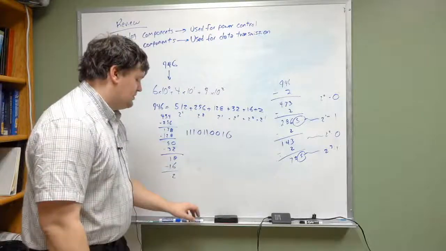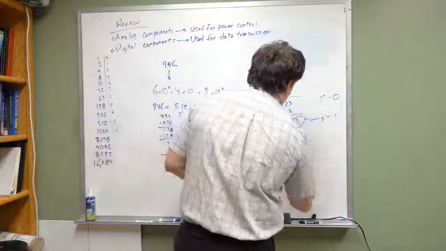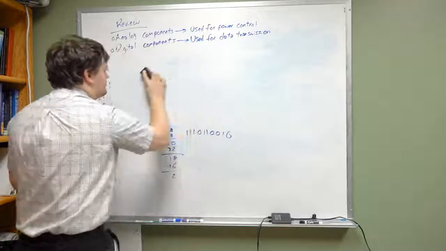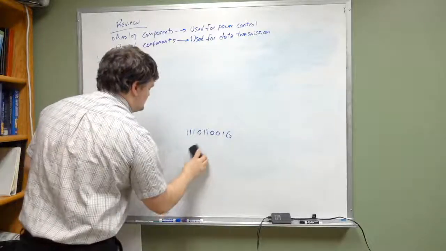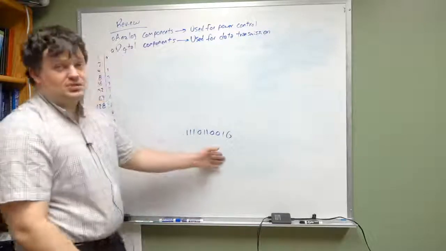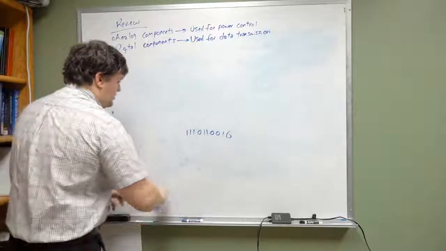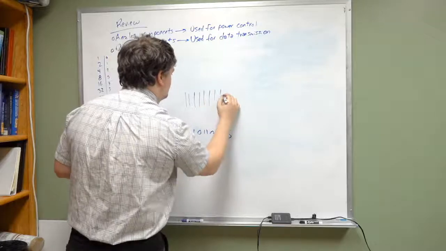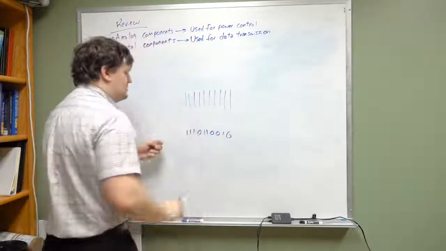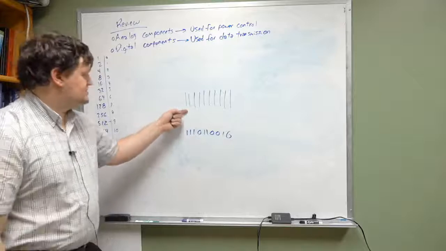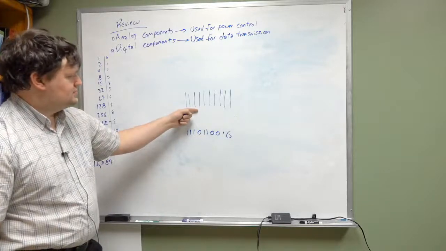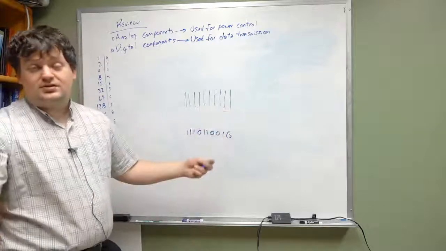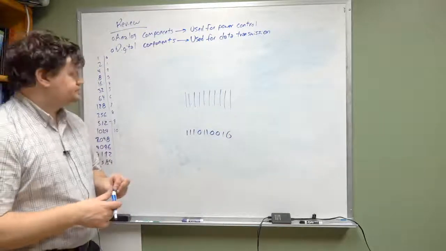Now the idea behind binary numbers is that this binary number can itself be transmitted through a digital system. If I wanted to transmit this 10-digit number through a system, I could have 10 different wires, where this one is at 5 volts, this one's at 5 volts, 5 volts, 0 volts, 5 volts, 5 volts, 0, 0, 5, 0. That's not a problem.